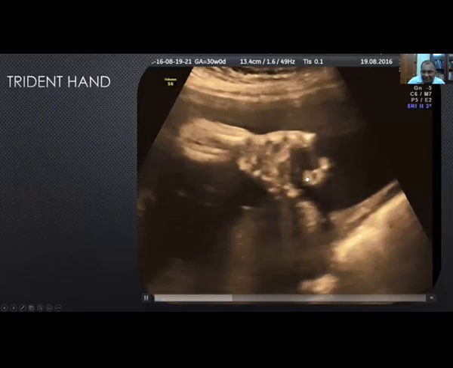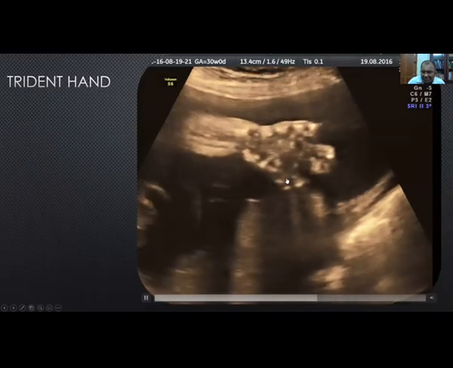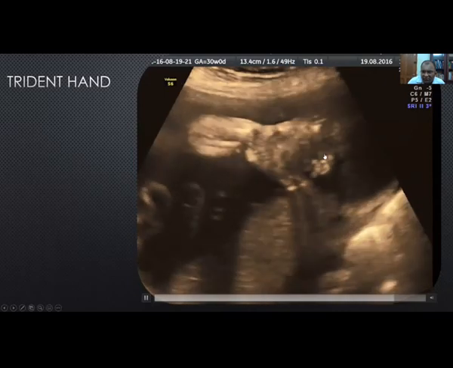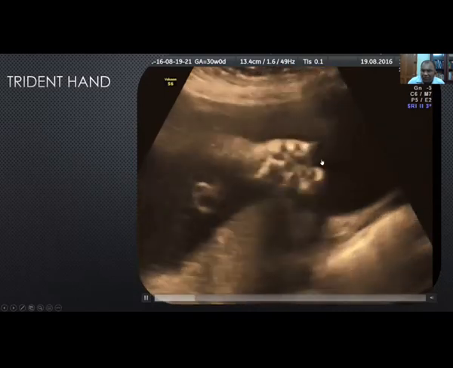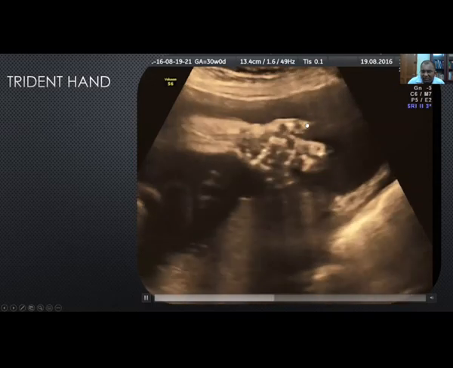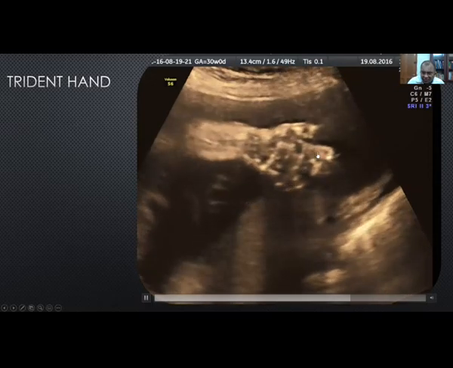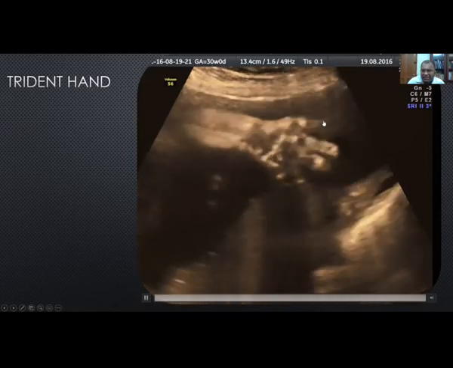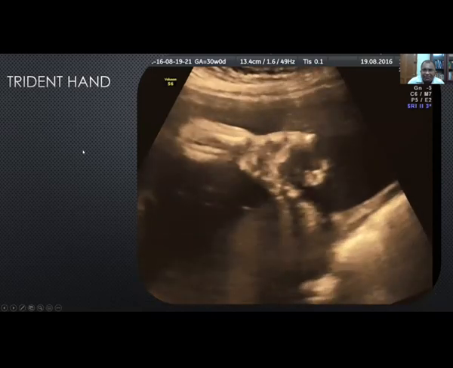Trident hand: three clusters of fingers. One, two, three. The five fingers are spaced out and have a typical trident type appearance.